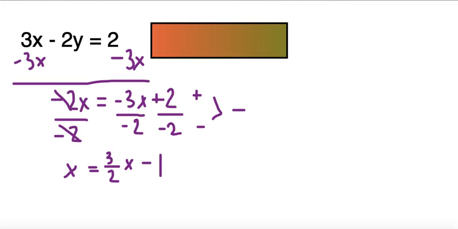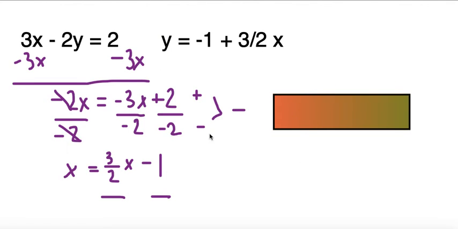So my slope-intercept form is 3 halves x minus 1, the y-intercept of negative 1, and a slope of positive 3 halves. So let's just double check and make sure we're right. All right, so we have intercept form here. We have slope-intercept form here. Those are the same thing with my slope and my intercept just flipped around.